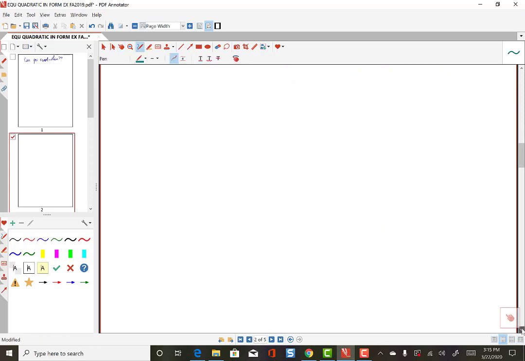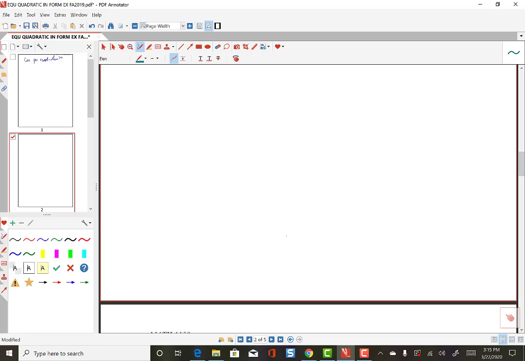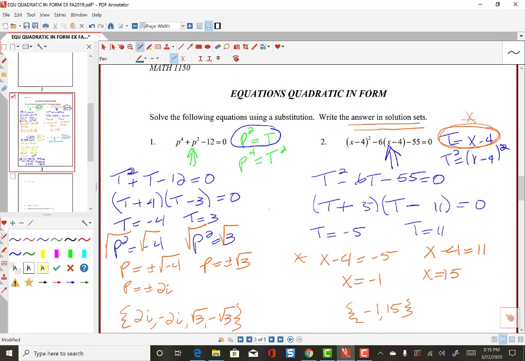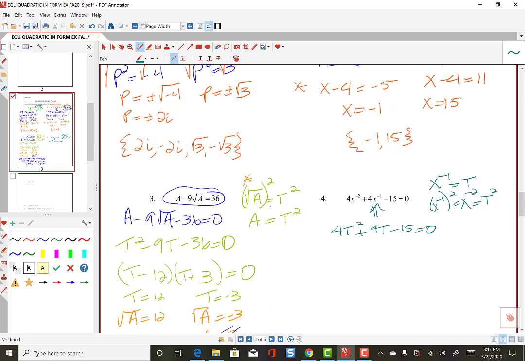Let me find my page here. Okay, we're getting warm. We have this factored here: 2t, 2t, that was a plus 5 and a minus 3.